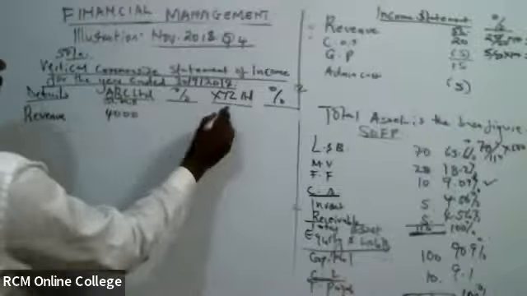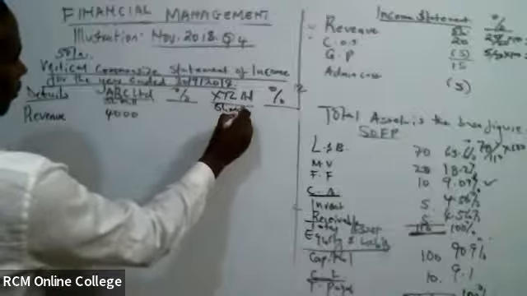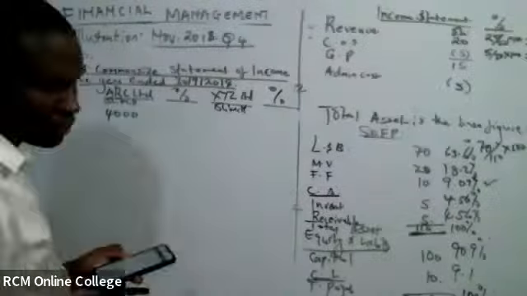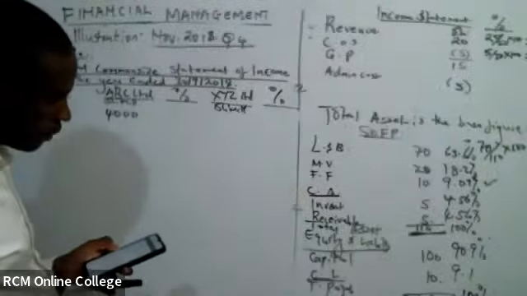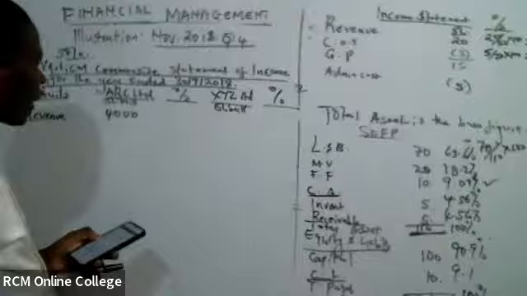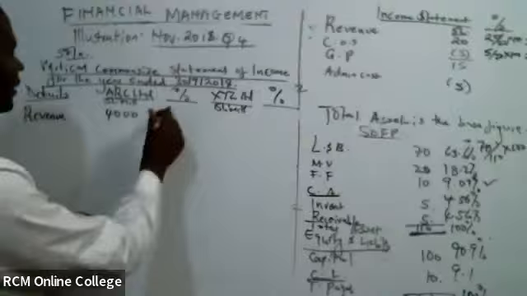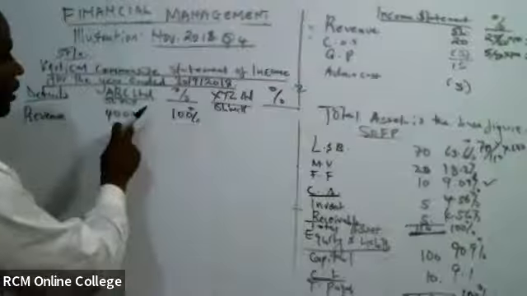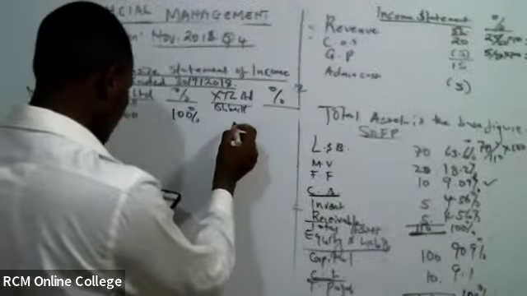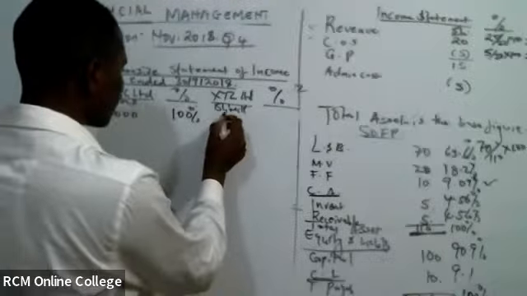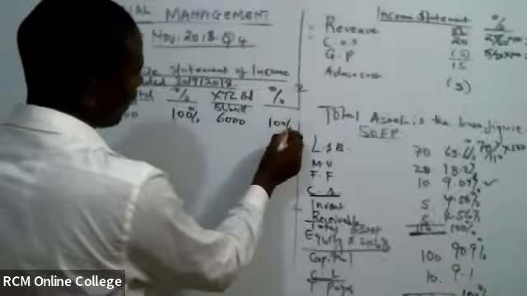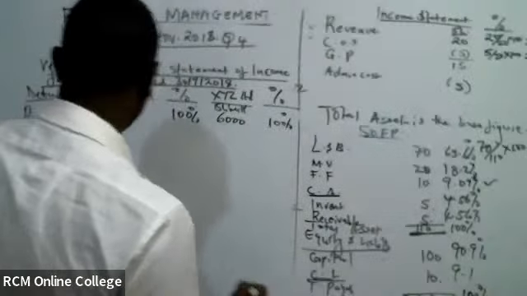Now our percentage of sale will be 100%. This is 4,000 divided by 4,000 times 100. And then when you come to XYZ, here we have 6,000. So this as well will be 100%.